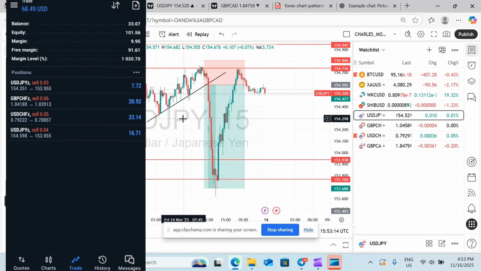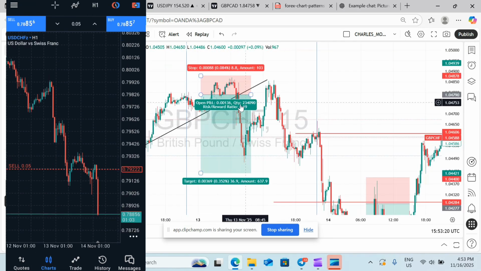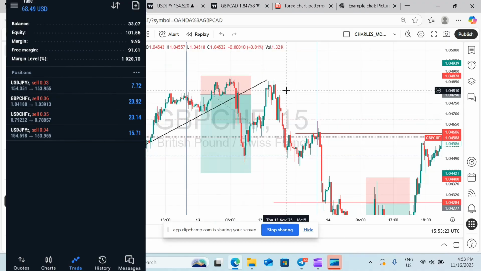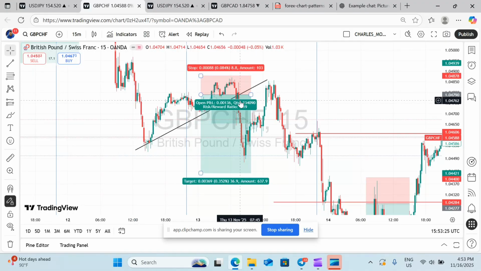If it rejects the level with a strong bullish candle, just take your entry. This is a practical example of what I'm trying to show you guys here. And on Thursday last week, we made a lot of money on this.